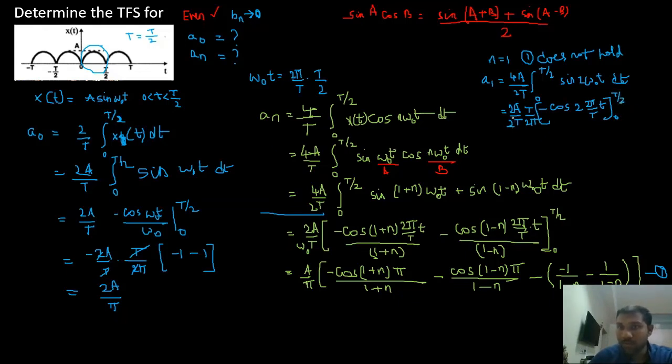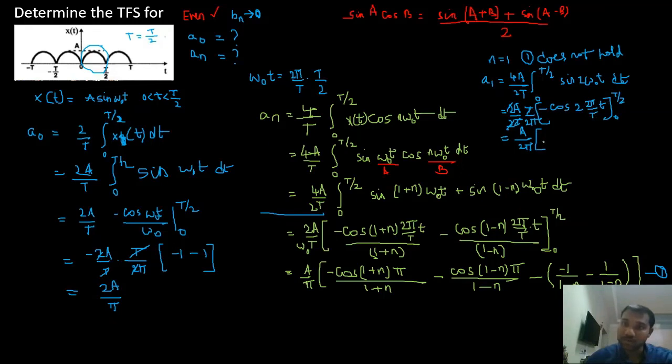So 2 cancel, T cancel. I have A by 2 pi, with, if I put T by 2 in place of t, 2 by T gets cancelled. Cos 2 pi is nothing but cos 0.